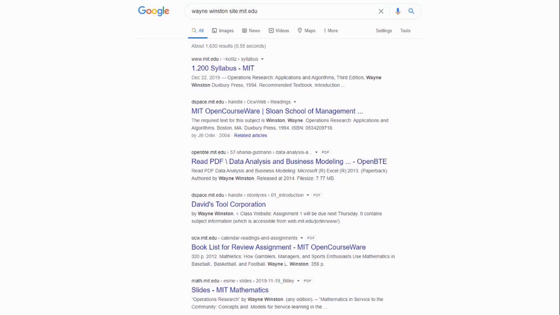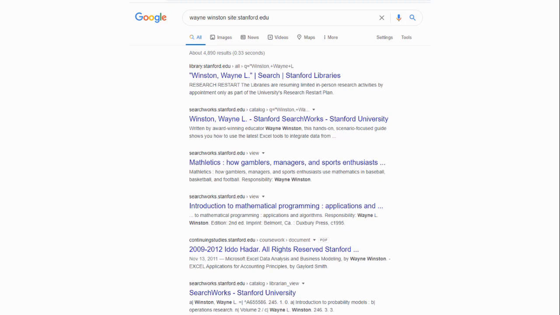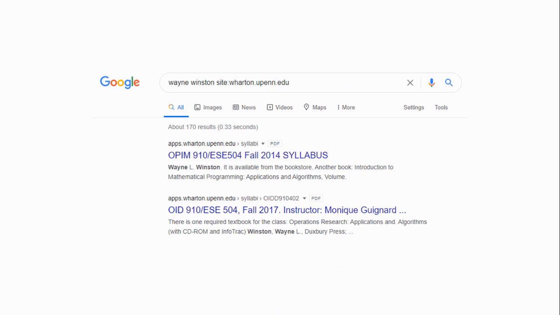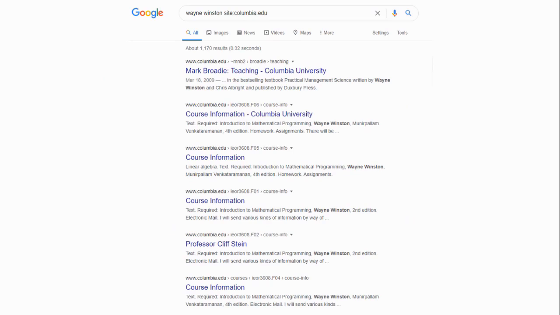But let's keep going. Let's not stop there, right? So Stanford is using his stuff, and I'm going to go a little bit faster just because there are a lot of universities here. So Stanford, right? You can see Wharton, which is a really popular finance school, if you're not familiar with it, has used this stuff, at least a couple years ago they did. And then you have Columbia in New York is using his books.